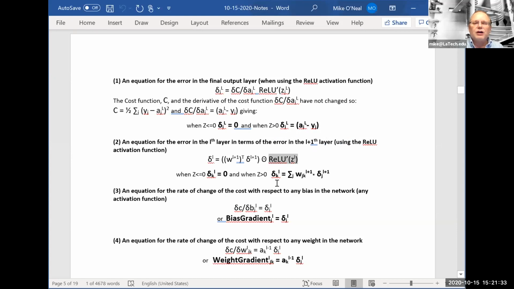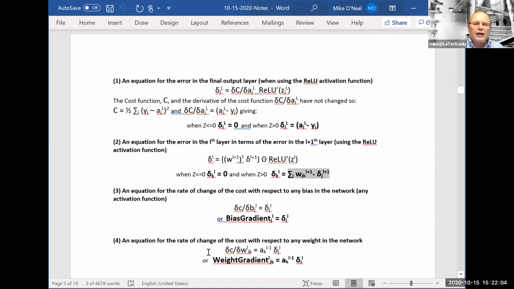And if Z is greater than 0, well, then it's just going to be this first part, which, if you're doing it one at a time, is the weighted sum of the errors. So again, what vanished here is you no longer have the output times 1 minus the output, because that part was the derivative of the sigmoid function. We don't have a sigmoid now, we have a ReLU, and when it's positive, it just becomes 1.